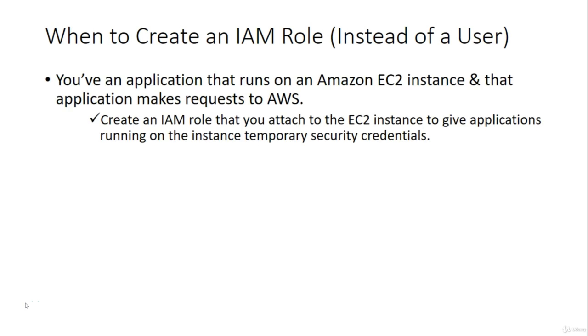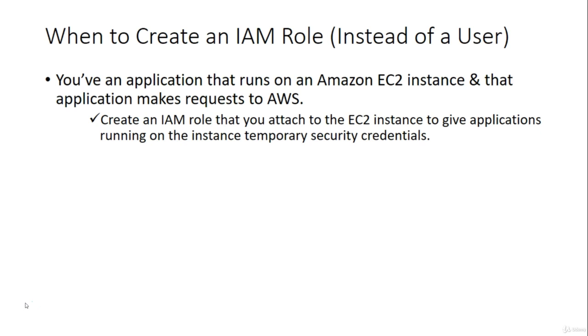Let us see. You have an application that runs on an Amazon EC2 instance, and that application makes requests to AWS. So EC2 instance is a virtual server. Amazon calls it an EC2 instance or simply instance. Create an IAM role that you attach to the EC2 instance to give applications running on the instance temporary security credentials.